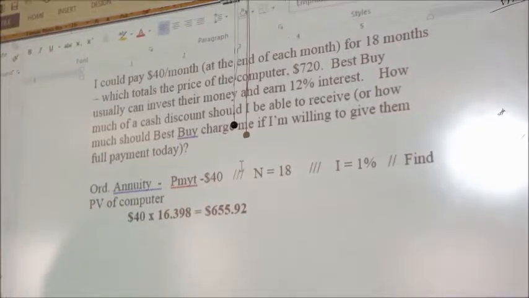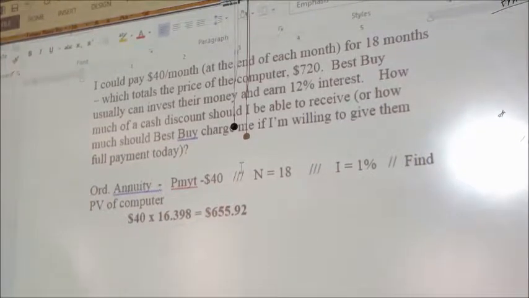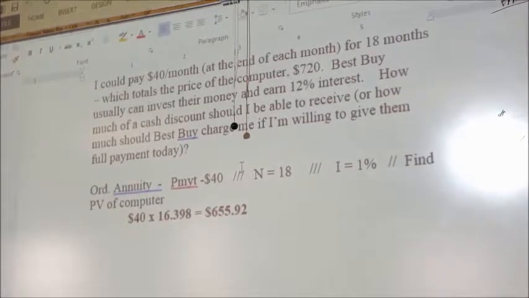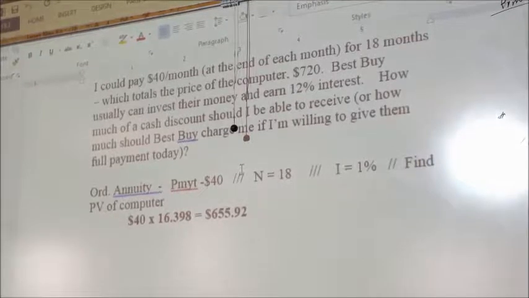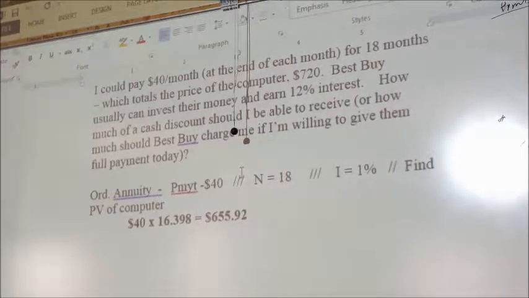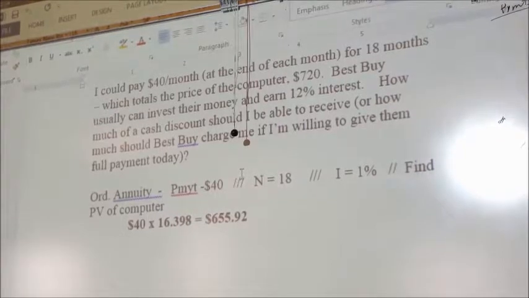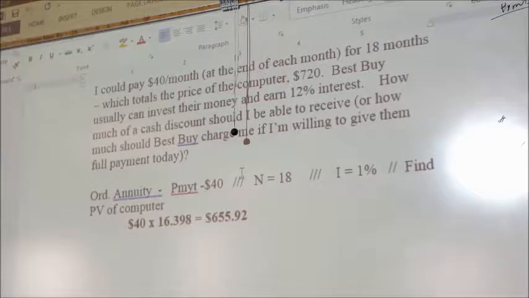Interest, well, it's 12% interest over 12 payments per year, so that's 12 divided by 12. That computer is really worth $655.92 with the current deal that they are offering. It's not worth $720.